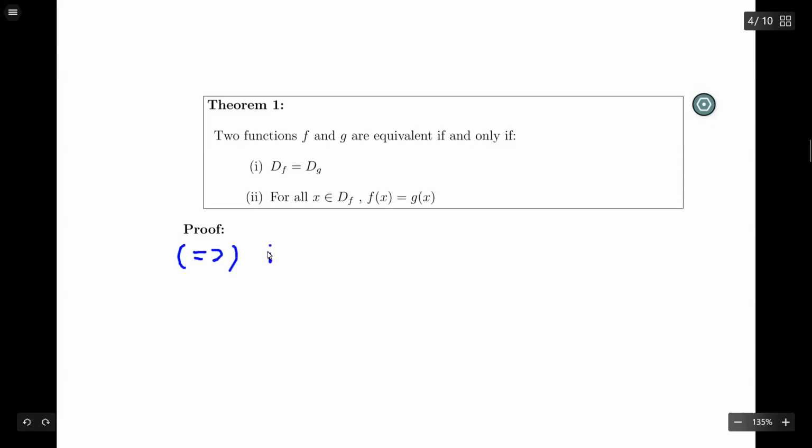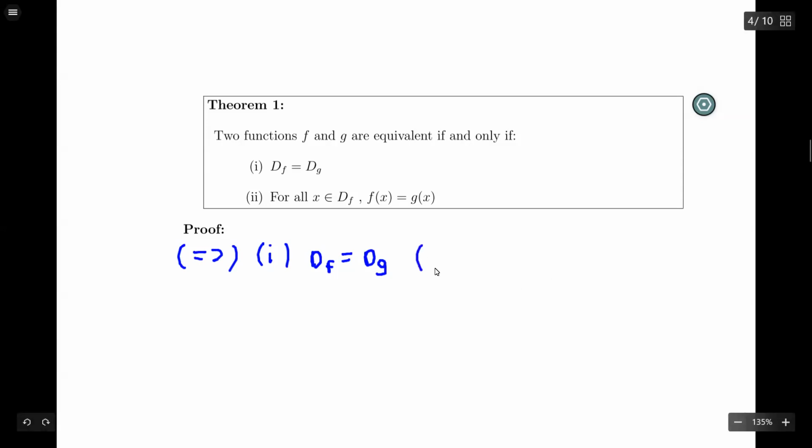So I'm going to prove consequence 1, which is the domain of F equals the domain of G. I want you to keep in mind that the domain of F and the domain of G are sets. So how do we show two sets are equivalent?